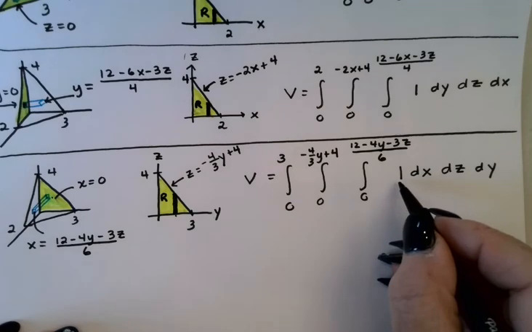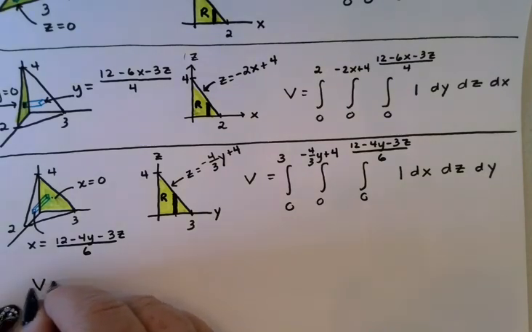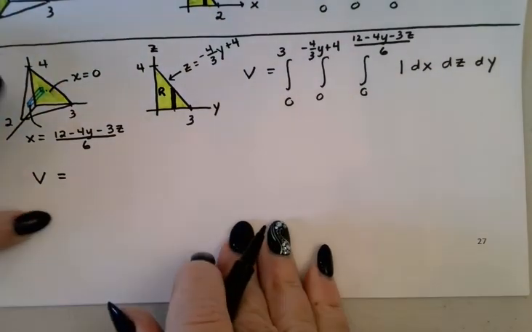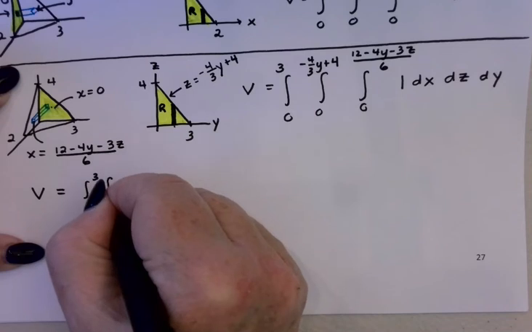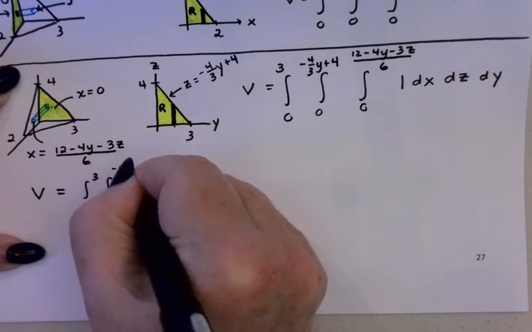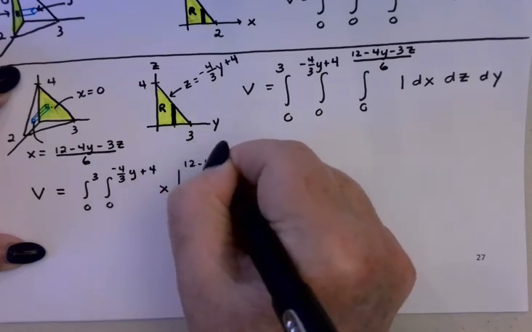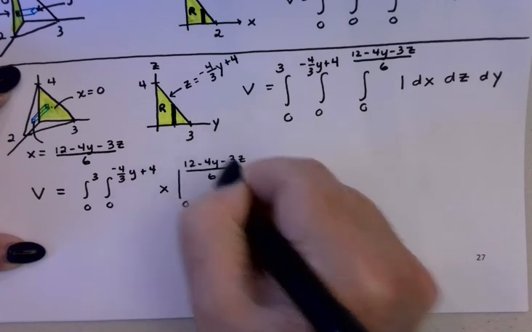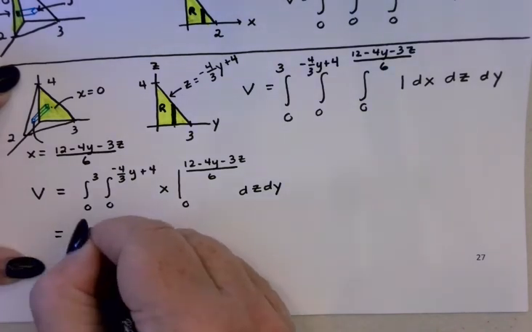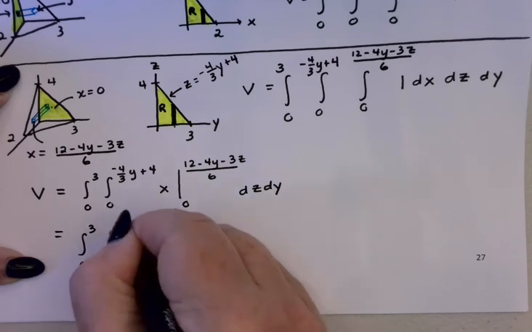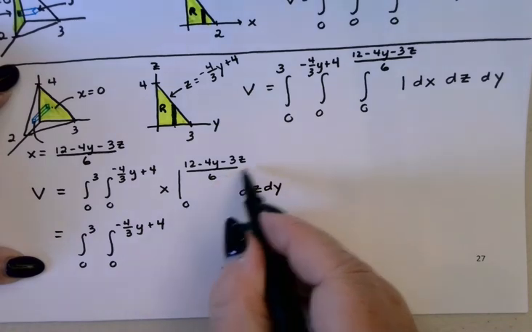So I am just integrating 1 dx, which is just going to give me x, evaluated between my limits of integration. Plugging in the upper limit, I'm going to get this.